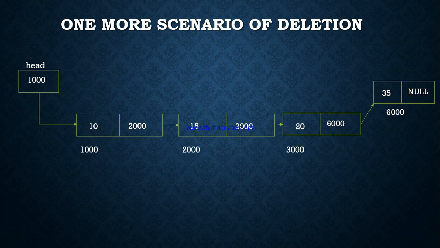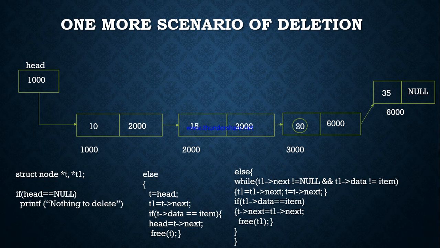Suppose we want to delete a number, but we don't want to delete through position, we want to delete through number. That means we want to delete this number 20, this element 20 or this item 20. We want to delete 20 from our list.